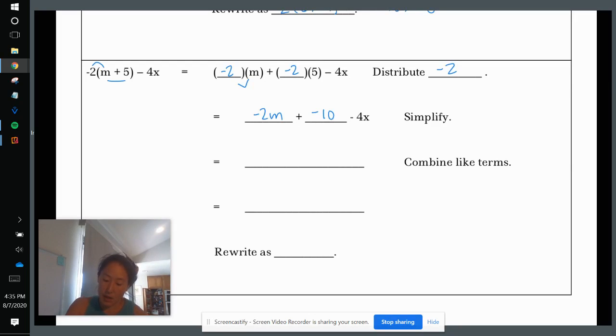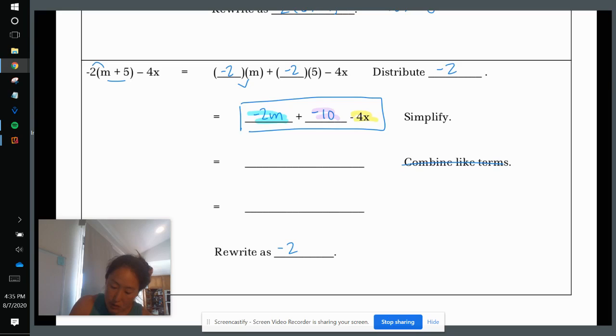And we're going to combine like terms. And I notice that I have m's, I have a constant, and I have x's. Are there any like terms? Nope. This is all I can do. So this is negative 2 times (m plus 5) minus 4x is equal to negative 2m minus 10 minus 4x. These are equivalent expressions. Okay?